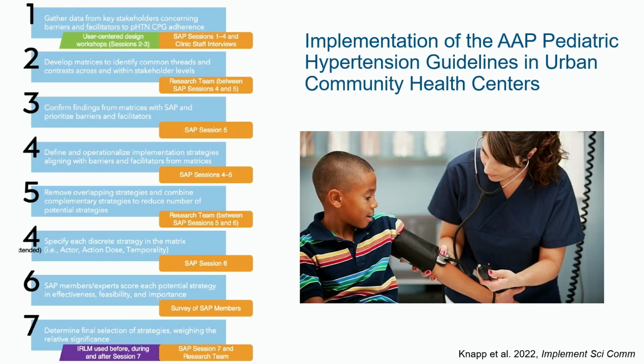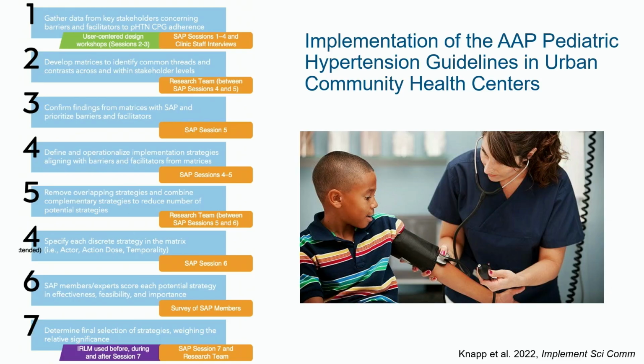We then operationalized different implementation strategies that were proposed to address those significant barriers. And then removed overlapping strategies, combined complementary ones to reduce the total number, and then specified each discrete strategy in the matrix by who would do this, what actions would they perform, when would it occur, how would we know that it's working, basically some kind of proximal outcome.